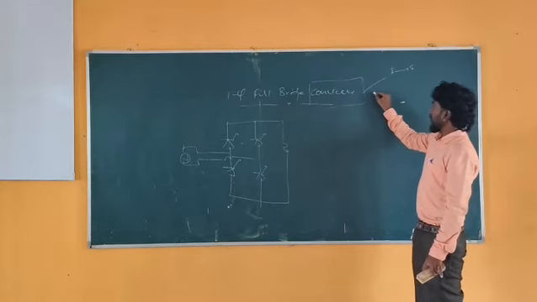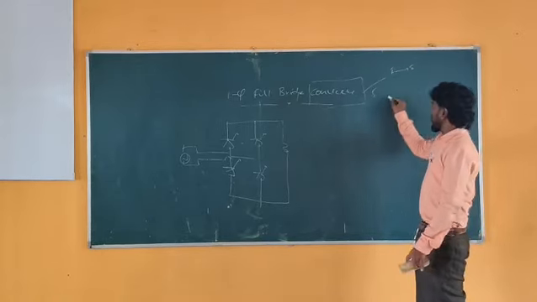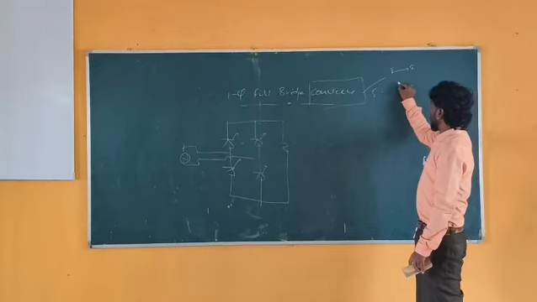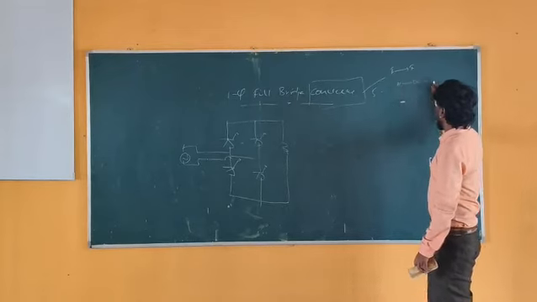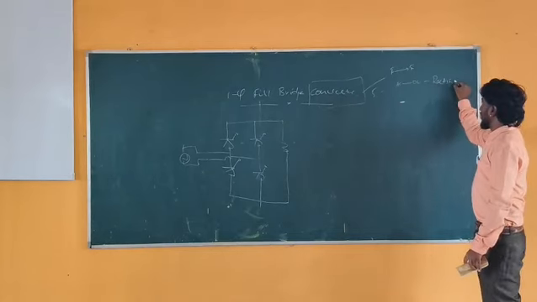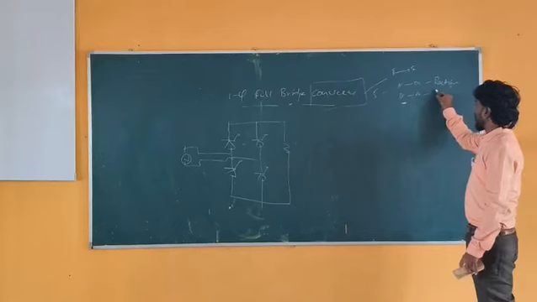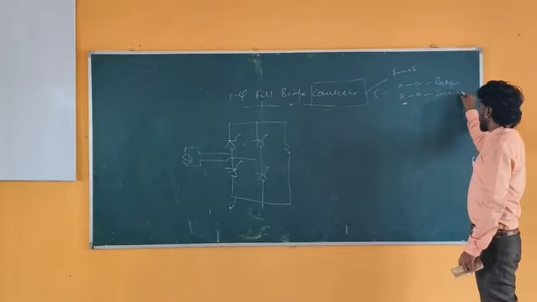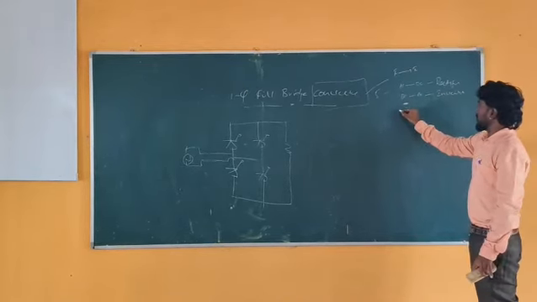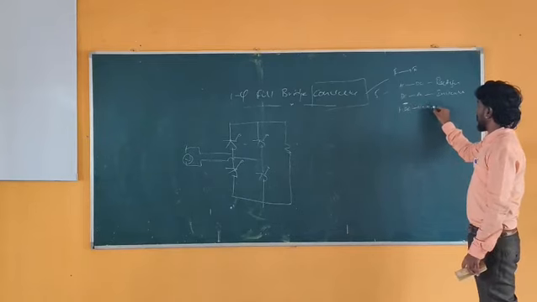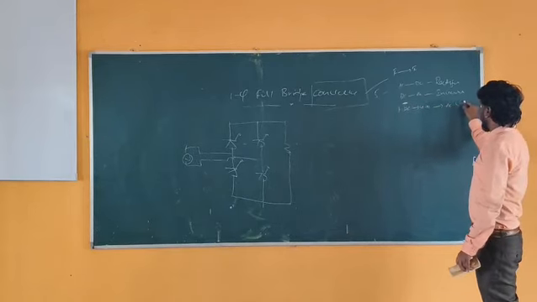We have five different types of converters. The converter which converts AC to DC, we call a rectifier. The converter which converts DC to AC, we call an inverter. The converter which converts fixed AC to variable AC is an AC voltage controller.